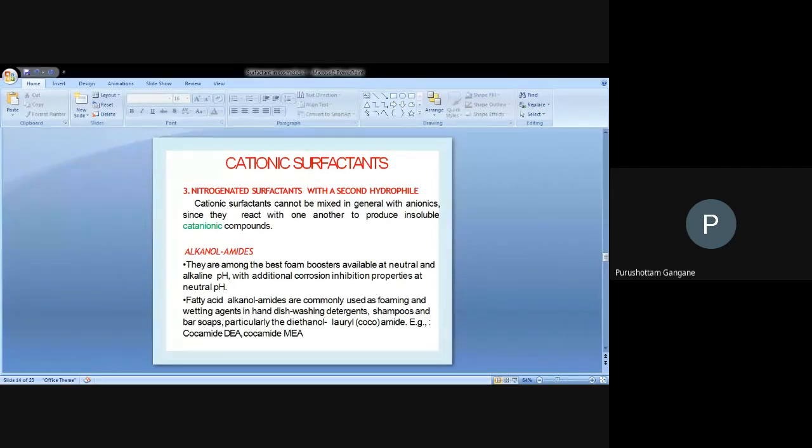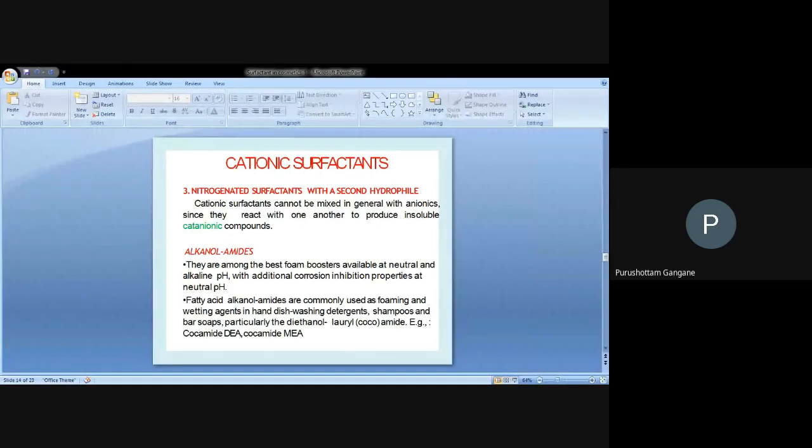Then the next category of cationic surfactants are the nitrogenated surfactants with a second hydrophile. Okay, cationic surfactants generally cannot be mixed with the anionics. Why? They react with one another to produce an insoluble cationic compound.